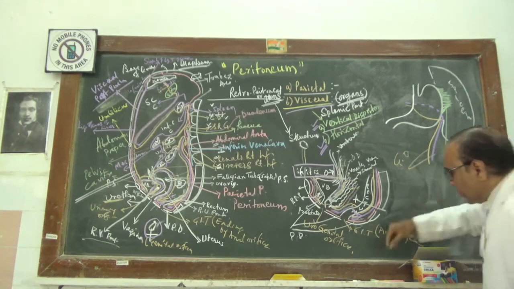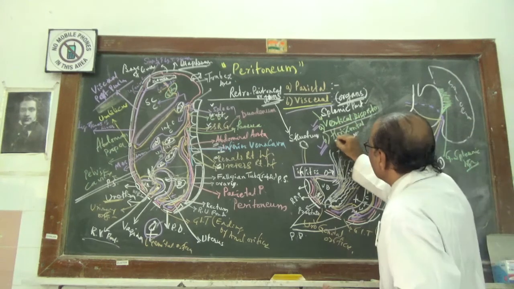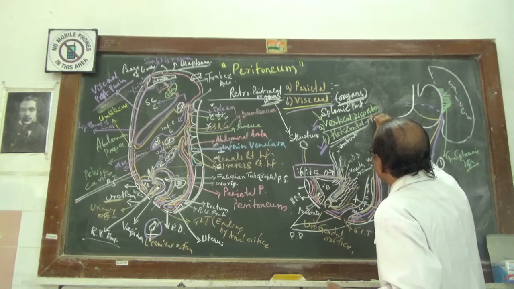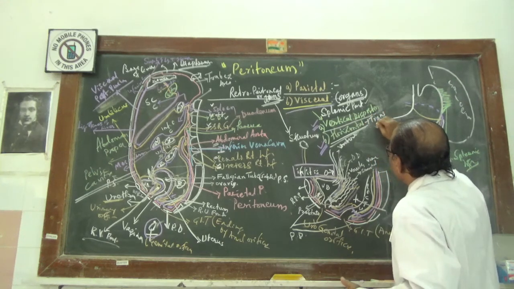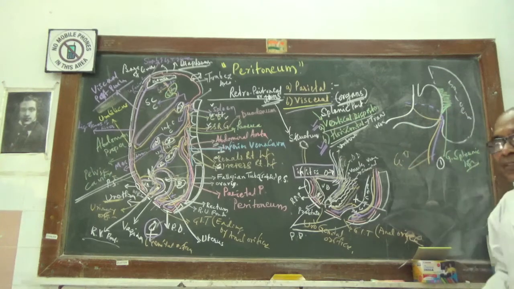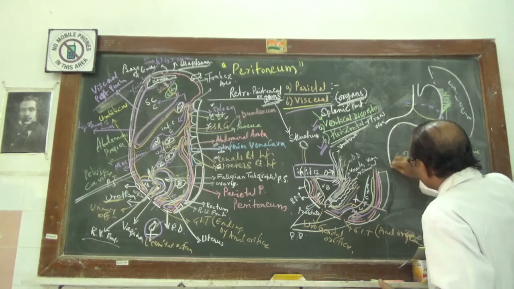Now this is the first horizontal. The meaning itself is transverse. So after having had this, now you have to go to the duodenum.